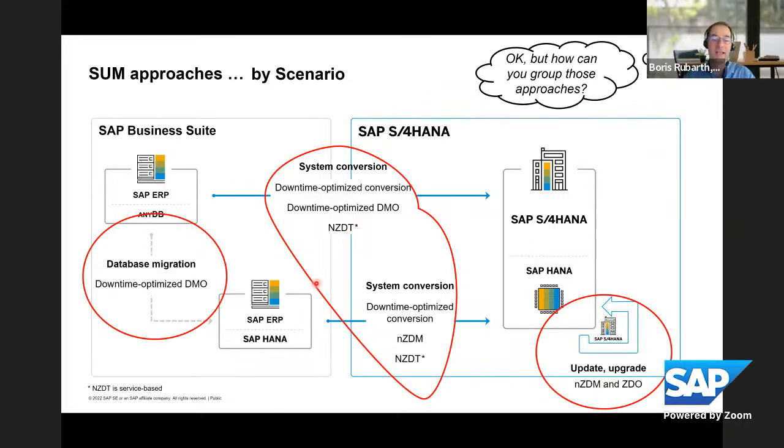You see this little asterisk, this list is service-based. Similar, if the source system is already on HANA database, the system conversion can be executed with a standard approach. Then we have the capability of downtime optimized conversion, an approach of the Software Update Manager that is generally available for educated experts. You can use nZDM instead, explained on the following slide.